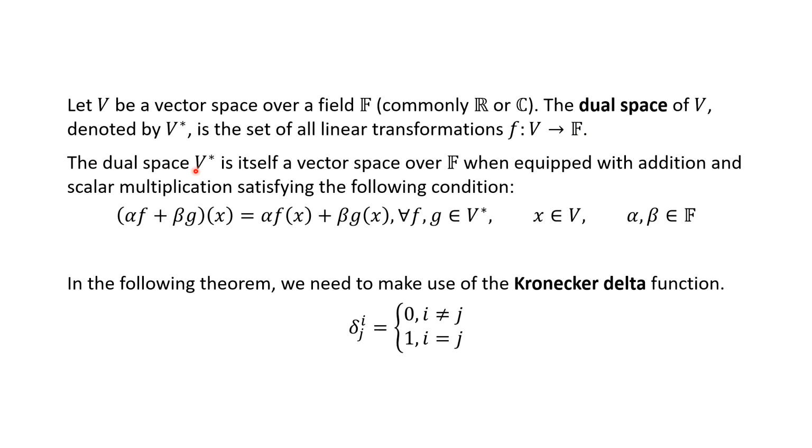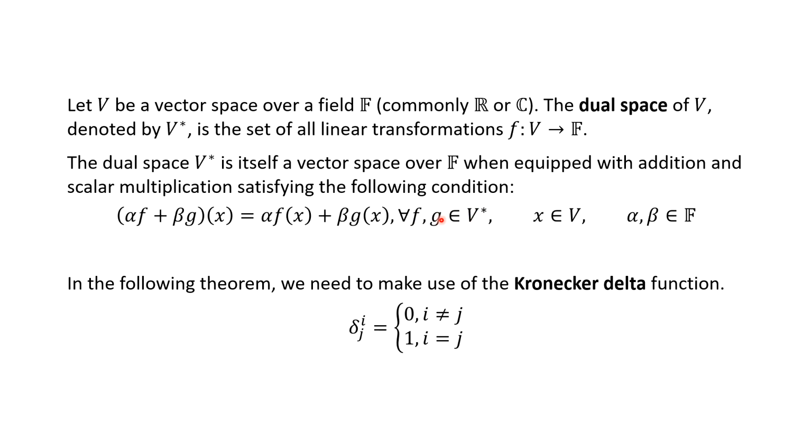The dual space V star is itself a vector space over F when equipped with addition and scalar multiplication satisfying the following condition: (alpha f plus beta g)(x) equals alpha times f of x plus beta times g of x for every f and g in V star.